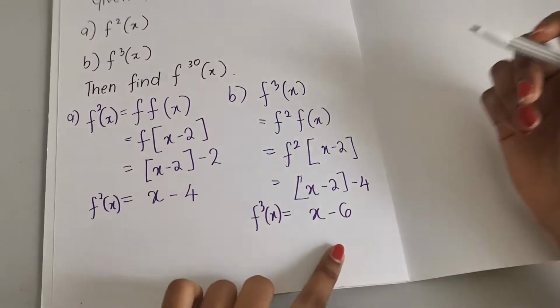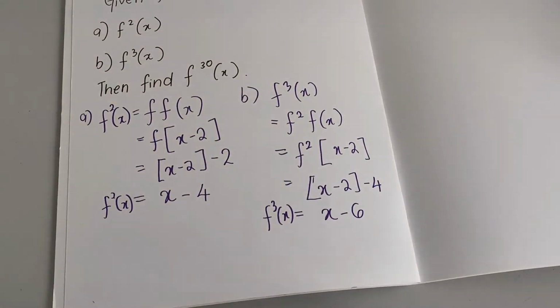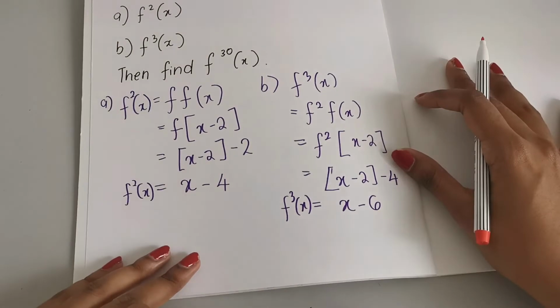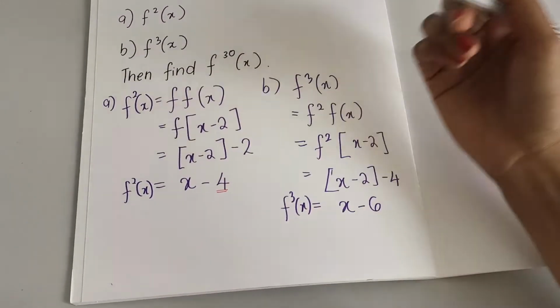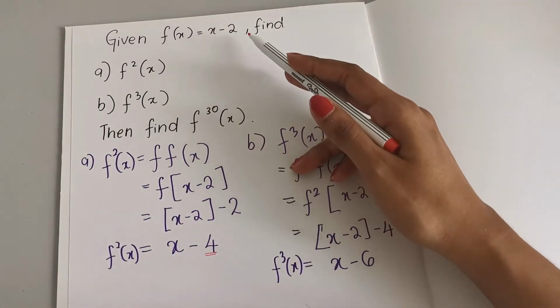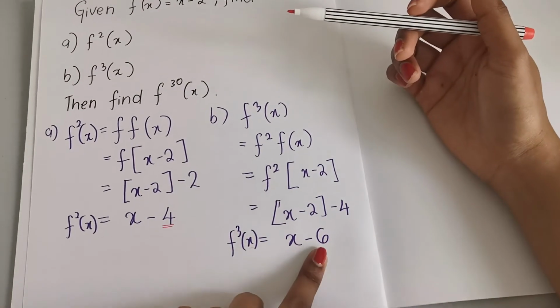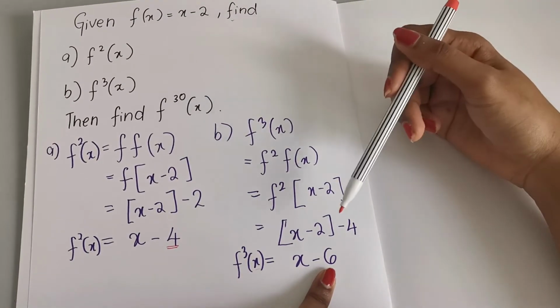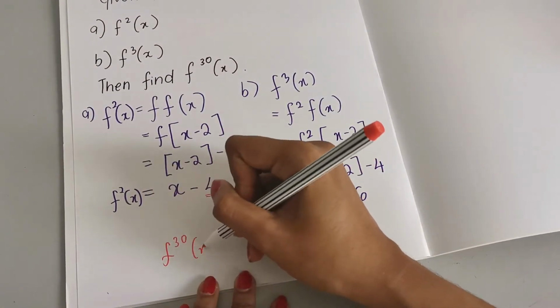Since we obtained both f squared and f to the power of 3, now we are required to find f to the power of 30. As we can see, for f squared the number behind became double, so it was 2 initially, and it became 2 times 2. For f cubed, it became 6, so that means it's 2 times 3. Now what would it be for f to the power of 30?